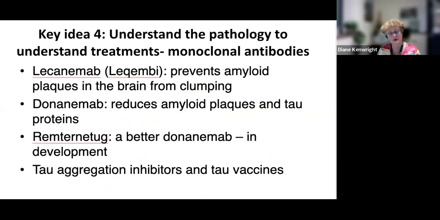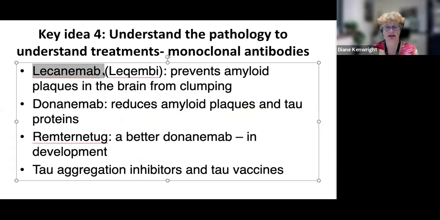All right, so there are treatments now that can treat Alzheimer's disease: monoclonal antibody treatments that have a variety of slightly difficult names. AB generally means antibody, monoclonal antibody. So this one prevents amyloid plaques in the brain from clumping. Good.